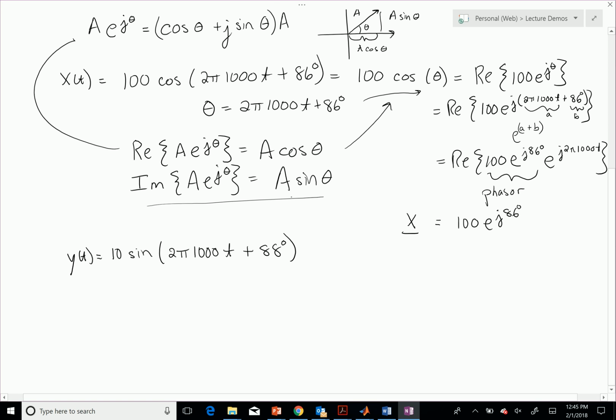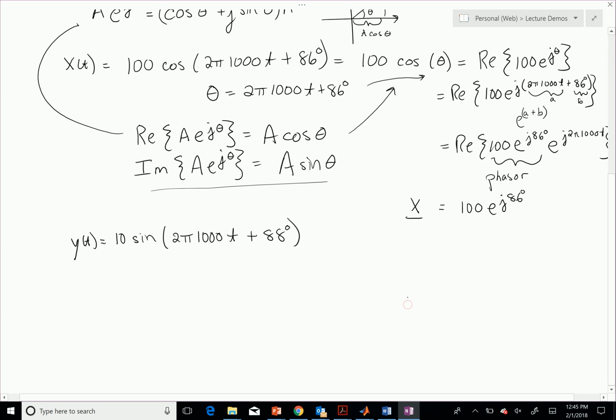How do I deal with sine? Because we define the phasors as the complex amplitude, this 100 e to the j 86, times the time domain part, I need to convert this to some equivalent cosine waveform.